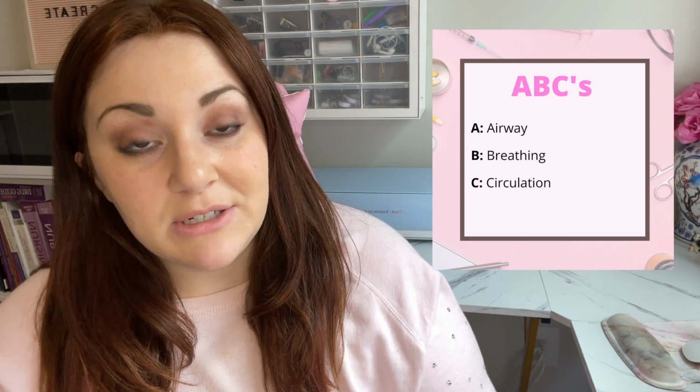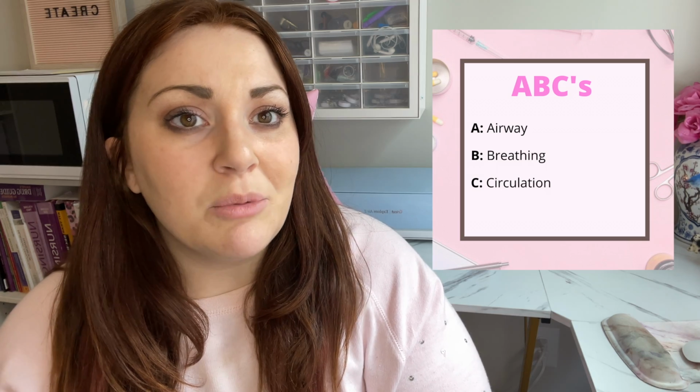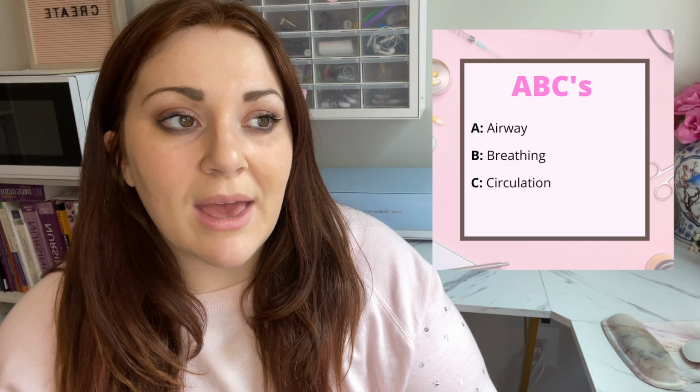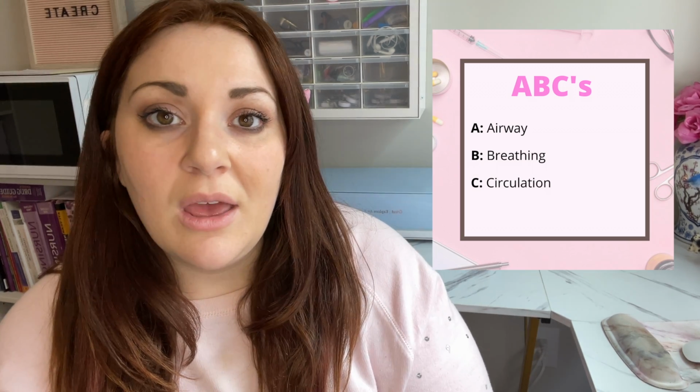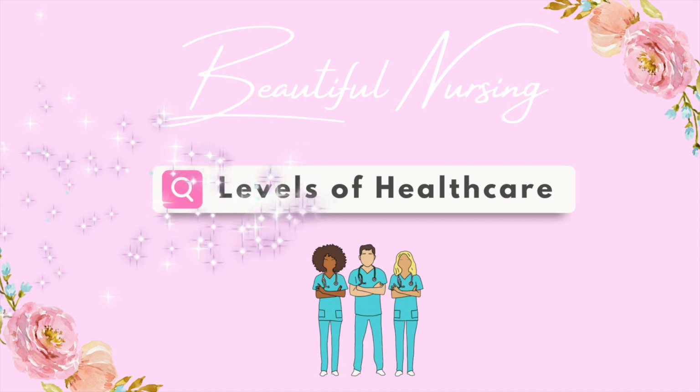You need to prioritize that. And then finally, circulation. So is the patient having signs of a clot? Or is the patient having trouble getting blood to a certain area of their body, right? So again, use your ABCs to prioritize which patient needs your help first.